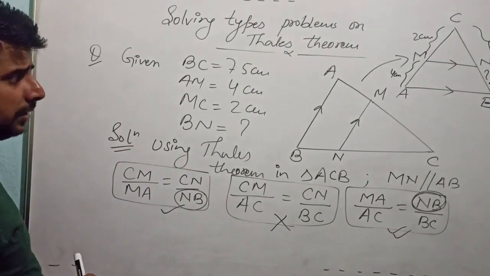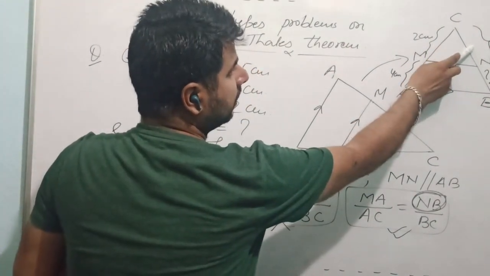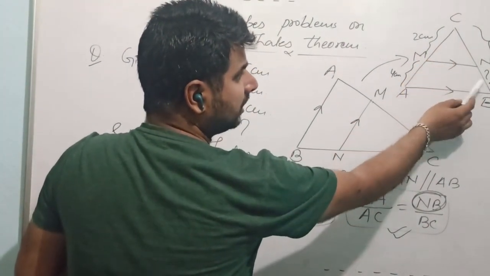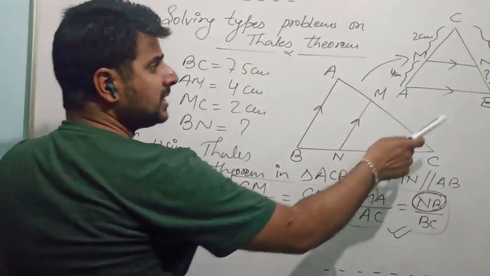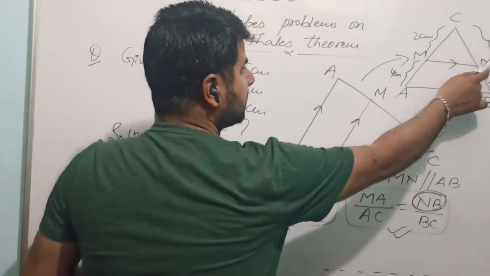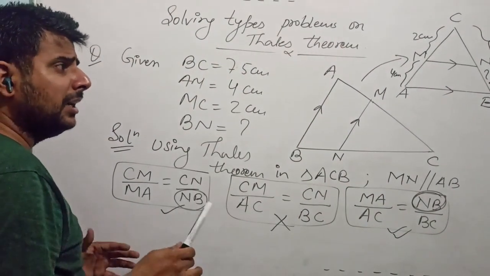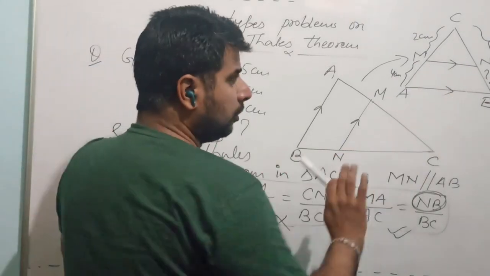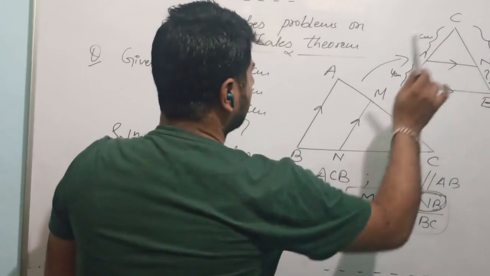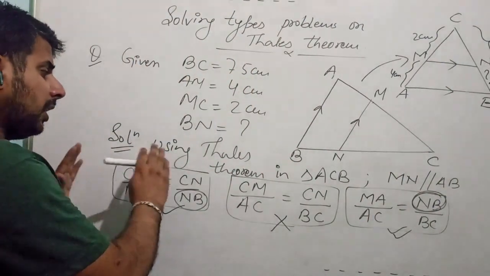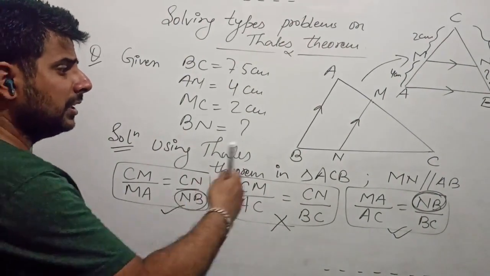We can find this CN by subtracting NB from 7.5, then we get CN, right? So my dear student, the NB is not known, that means this is X. So when you subtract X from 7.5, then the equation will be a little difficult for you. So let's try the second option.